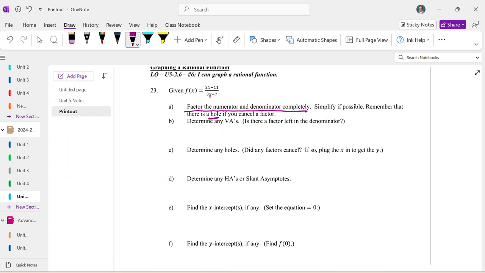Notice, if there's a factor left in the denominator, which there is here, that would give you a vertical asymptote. So let's set 3x minus 7 equal to 0. That means the vertical asymptote is at x equals 7/3.